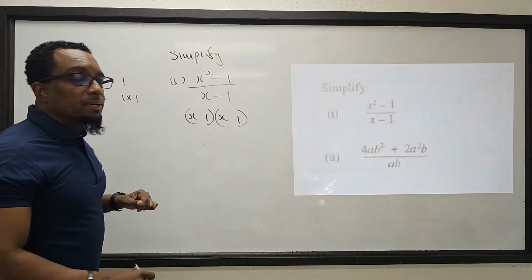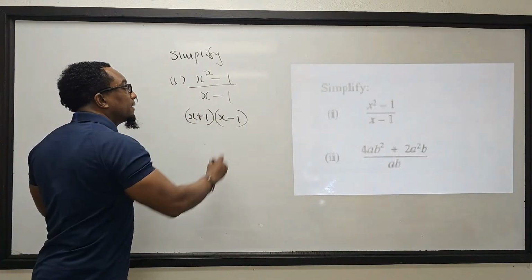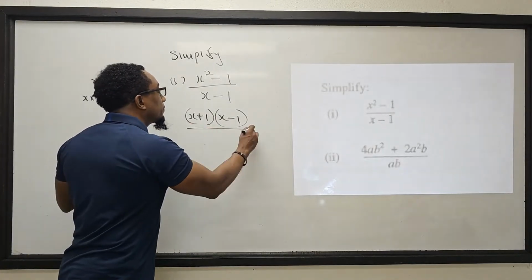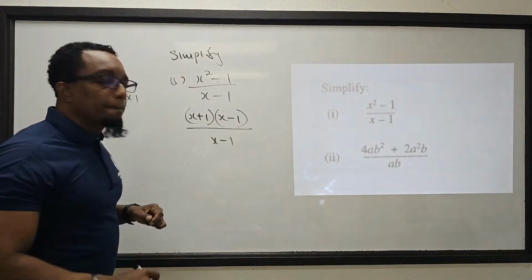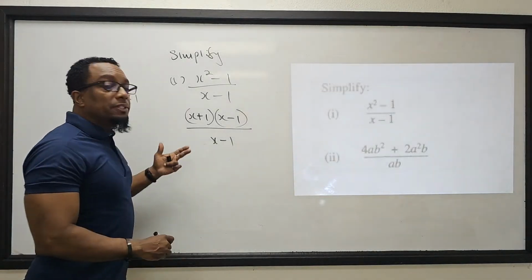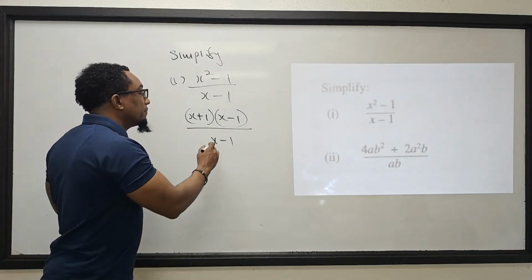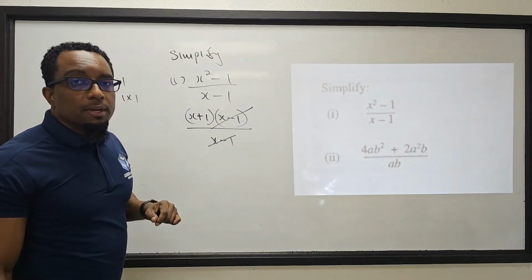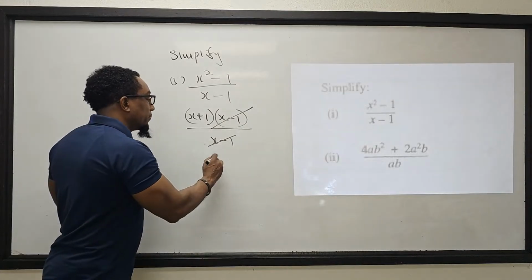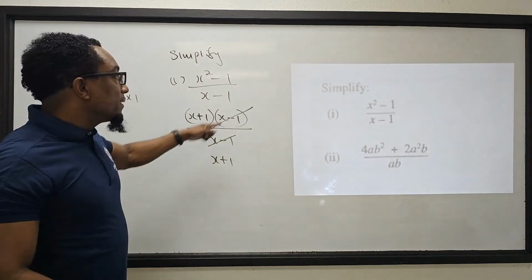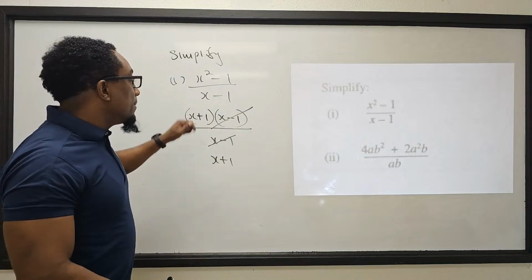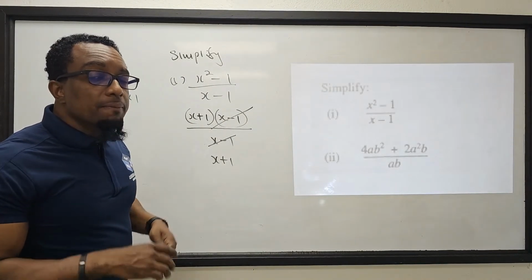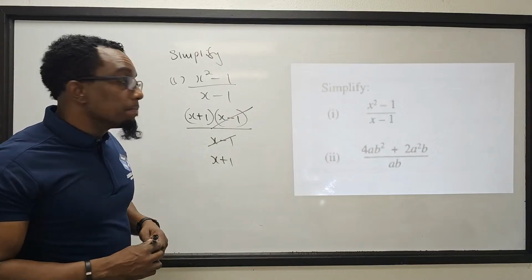And I must separate with the positive sign and negative. Positive in one, negative in the other, over x subtract 1. And what can happen here, for me to simplify it now, I'm going to divide x subtract 1 into x subtract 1. And of course, I'm going to be left with x plus 1. So I can divide this into itself to give me 1, and I'm left with x plus 1. So this is simplifying but using factorization to help you simplify it.